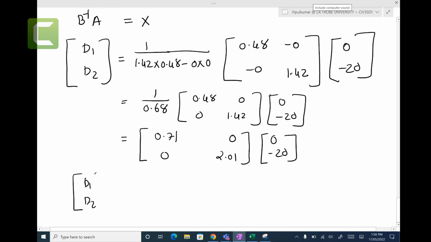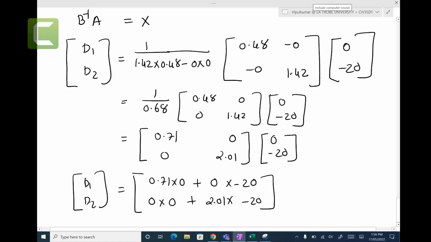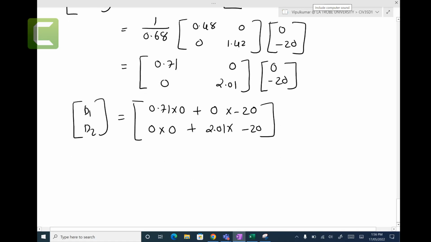So D1, D2 equals 0.71 times 0 plus 0 times minus 20, and 0 times 0 plus 2.01 times minus 20. So you get D1, D2 with 1 over AE.